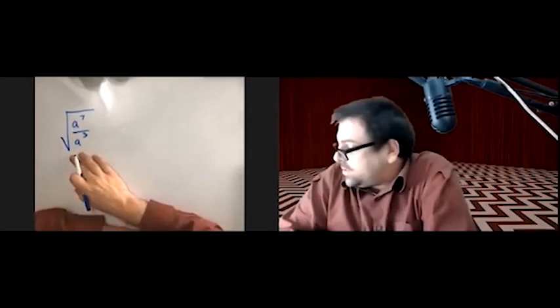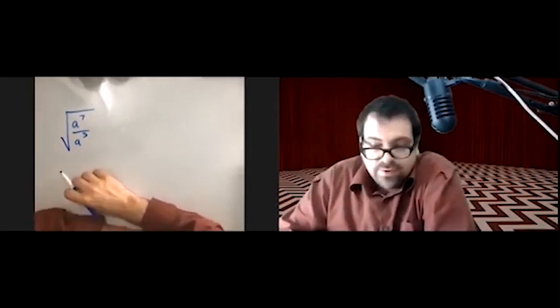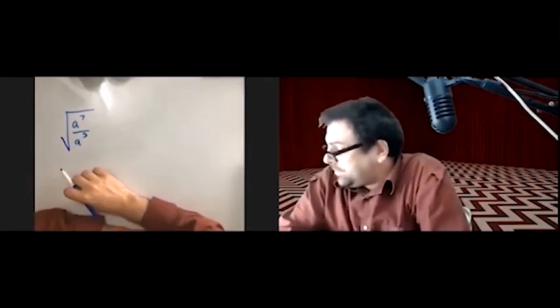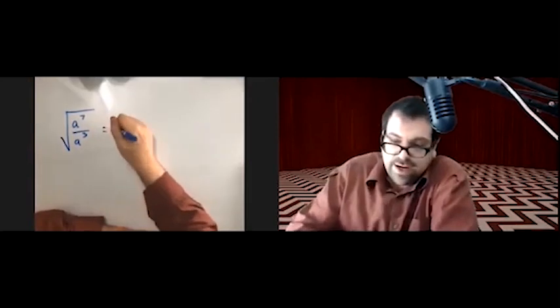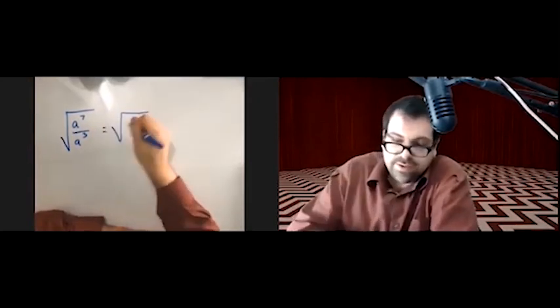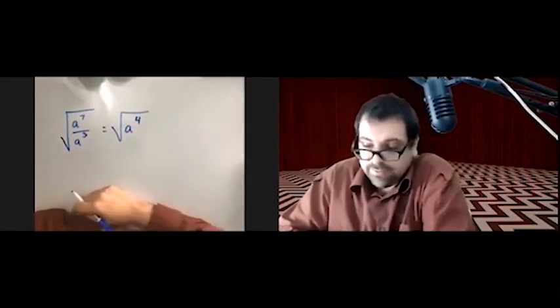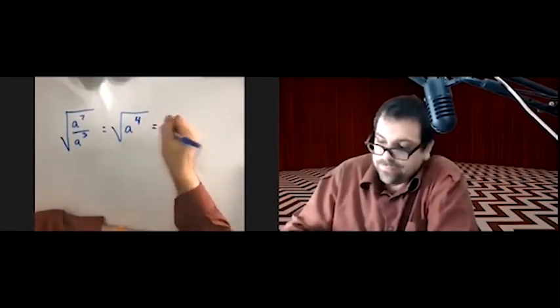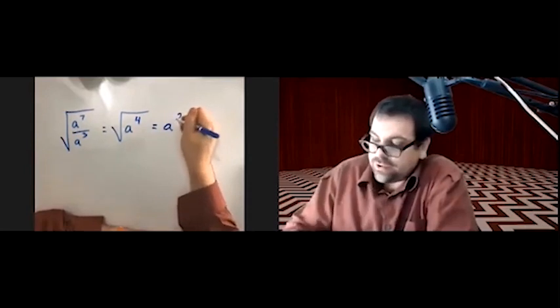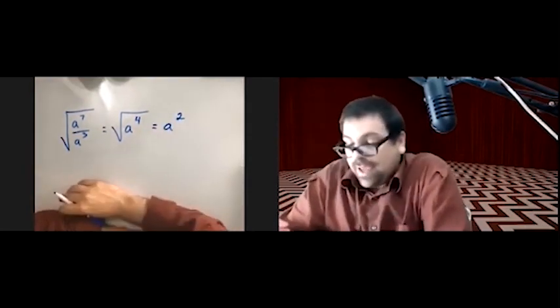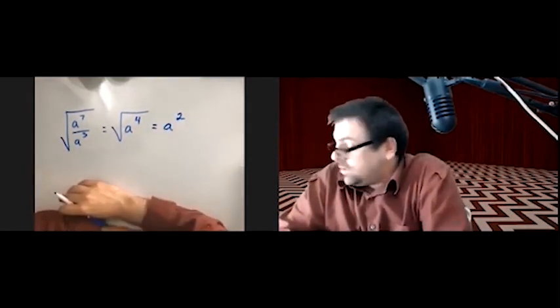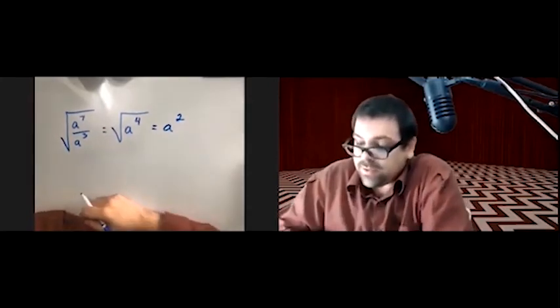If we have the square root of a to the 7th over a cubed, since a to the 7th over a cubed is a to the top minus bottom, 7 minus 3, a to the 4th. If we're assuming that a is a positive real number, then we end up with a squared.